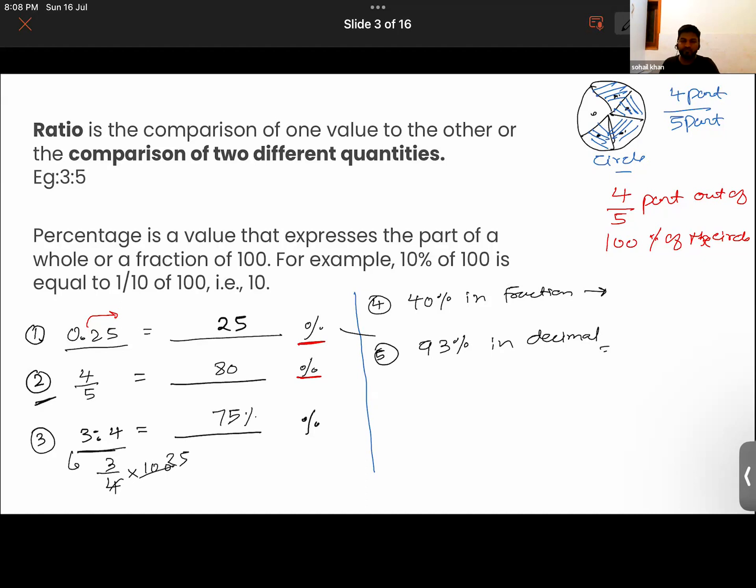We divide by 100. Exactly. So that is 40 upon 100, right? So we can even simplify it further, right? So it's 2 upon 5. Okay. Now represent 93% in decimal form quickly.